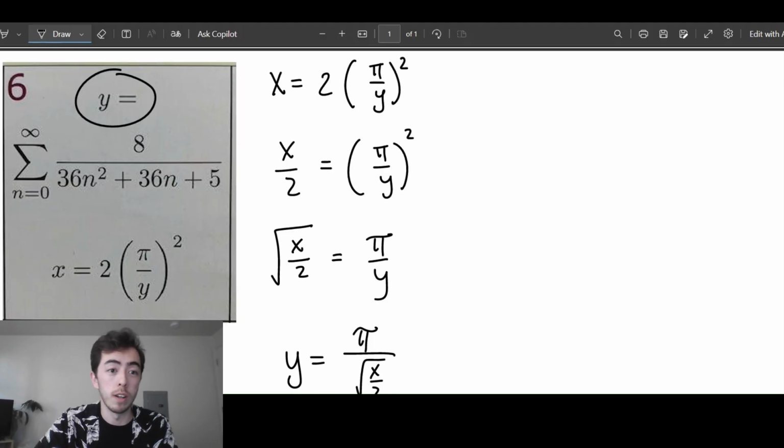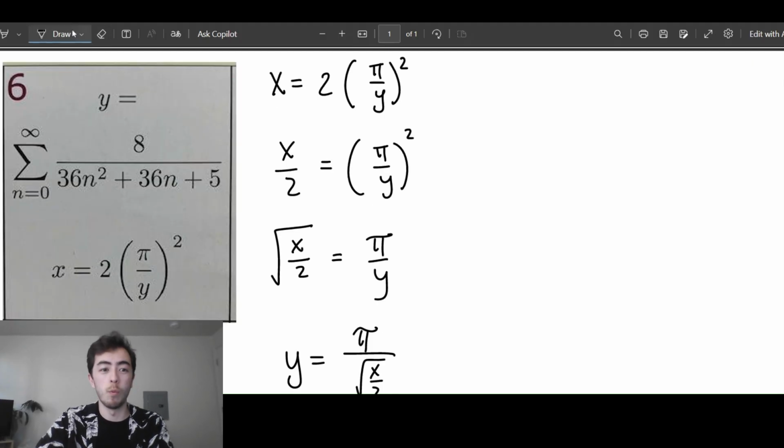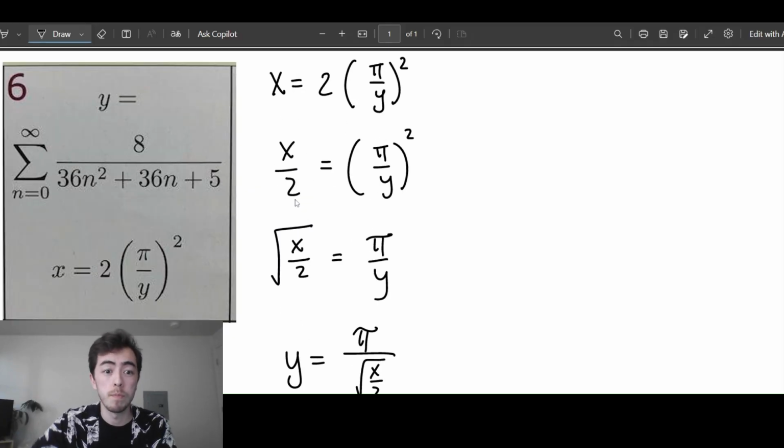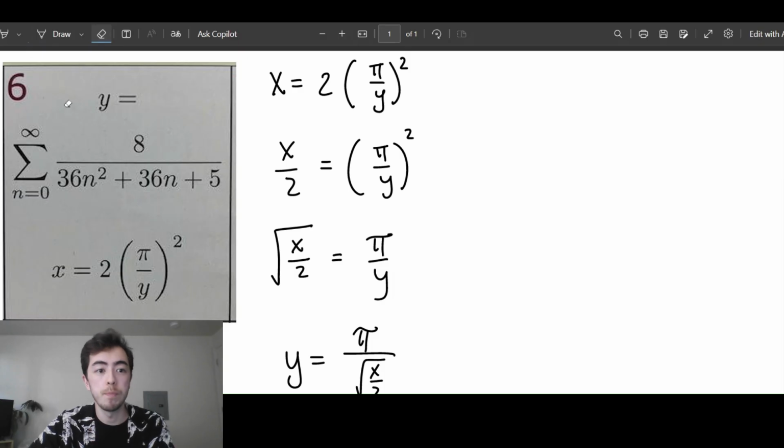So now we need to target this sum and figure out why the heck does this sum equal pi divided by the square root of 3. That's really bizarre to me. Just for starters, I kind of want to walk through what it looks like finding the sum. The first thing you do is plug in this lower bound into any spot you see this letter n.